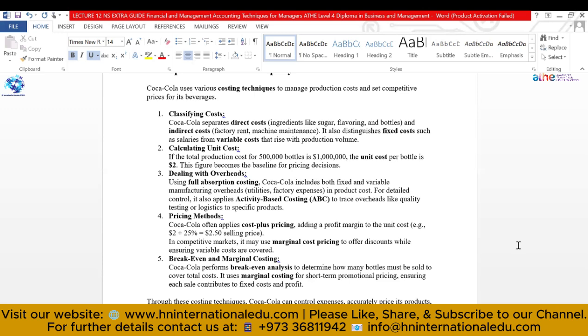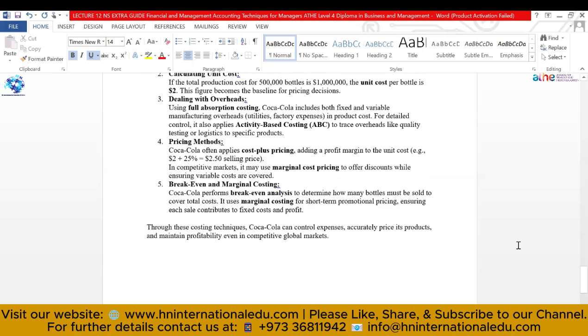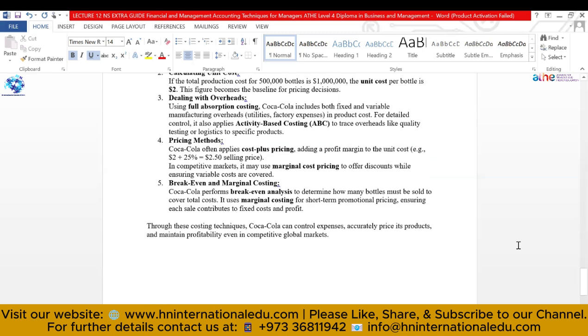Break-even and marginal costing: this performs break-even analysis to determine how many bottles must be sold to cover the total cost, fixed and variable. It uses marginal costing for short-term promotional pricing, ensuring each sale contributes to fixed cost and profit. Even the promotional prices, they're not at a loss at all. They are still covering the fixed cost and the profit as well.